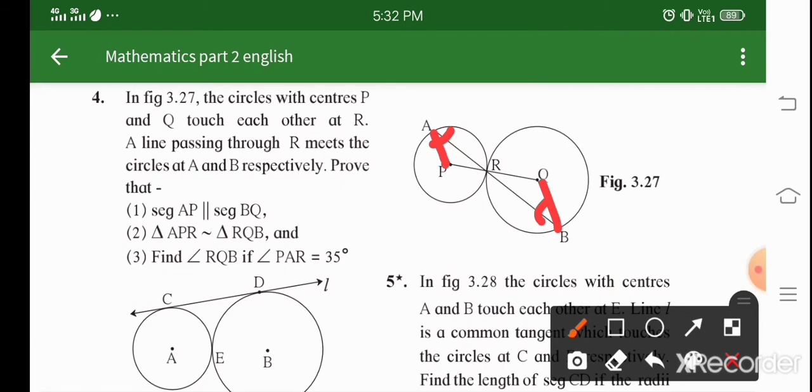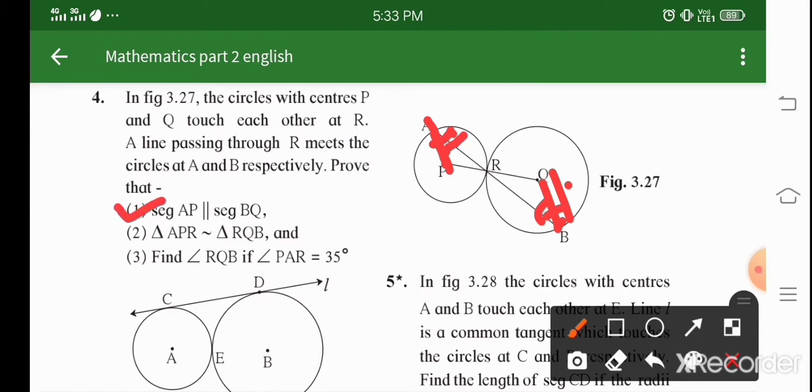Have you heard about the alternate angle? Yes, so that theorem we have applied over here. So with that theorem we have proved that this angle and this angle are alternate angles. If these two angles are equal, we can say that line segments AP and BQ are parallel, by the alternate angle theorem. So we are done with this question number 1.